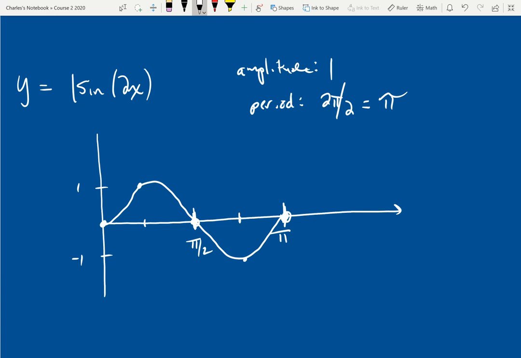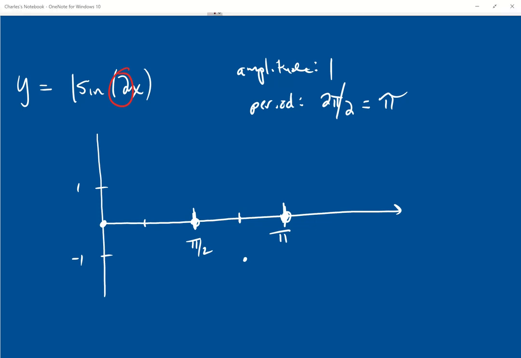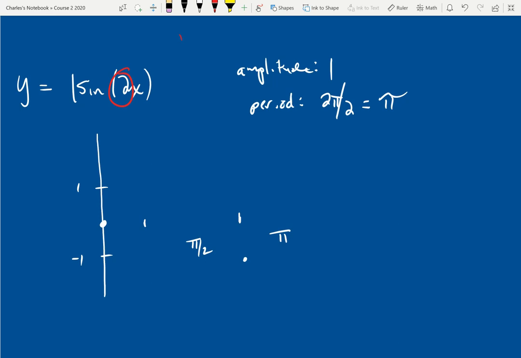What happens when you change the scale is you don't get the visual effect of what's happening when you put a value inside the function. The value inside the function is changing the period, so it's actually a horizontal compression. That terminology isn't that important, but understanding what's happening is.